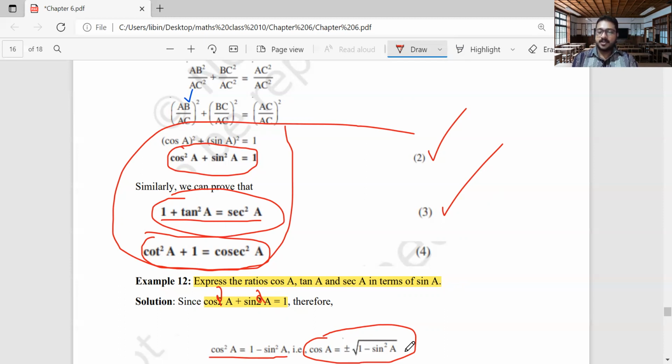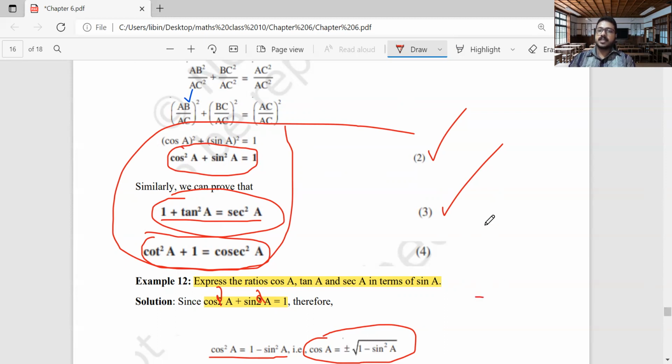Cos a will be equal to the positive square root of 1 minus sin squared a. Because if we take the negative value, whatever quantity is coming inside the square root of 1 minus sin squared a, we are taking a negative value.